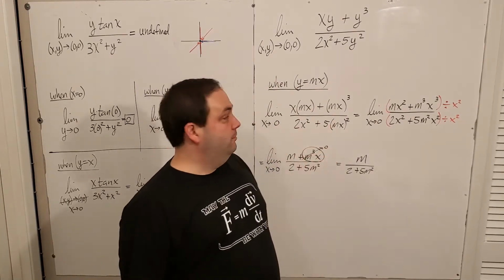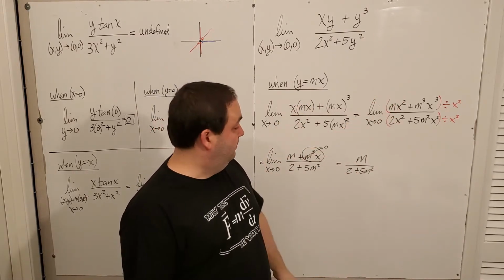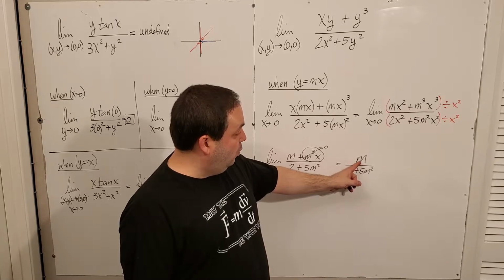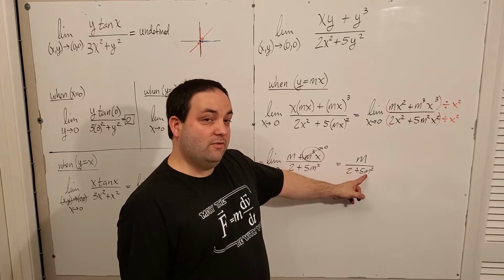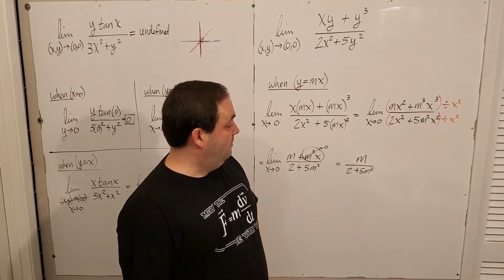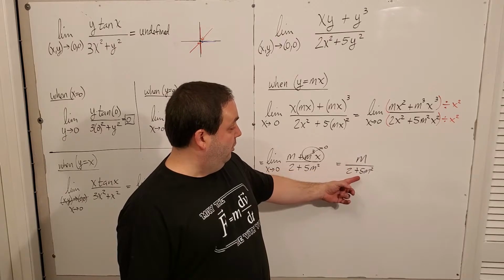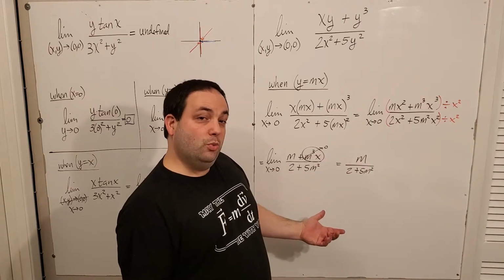So pick 2 of them, like m equals 1 and m equals 10, whatever. That means you'd plug in 1 and you'd get a certain value, 1 over 7. But if you put in, say, 10, you'd get 10 over 502.